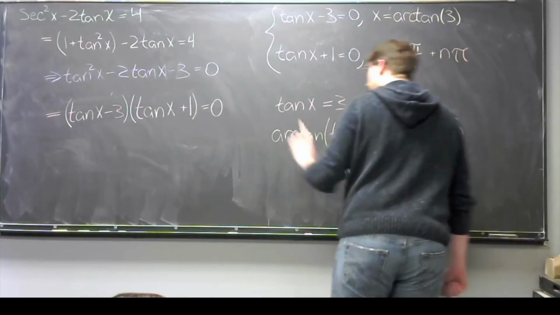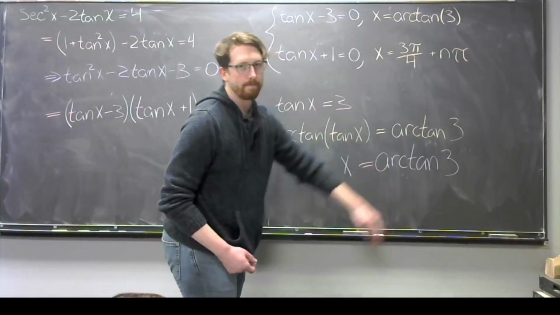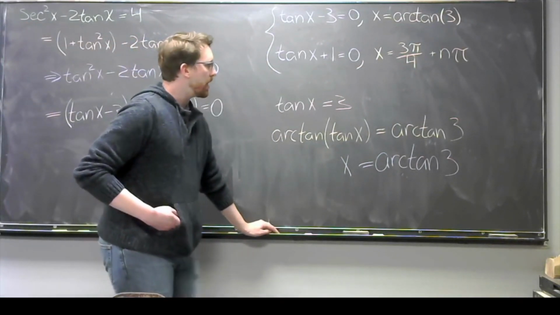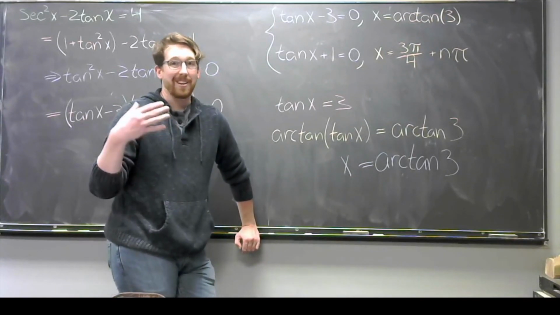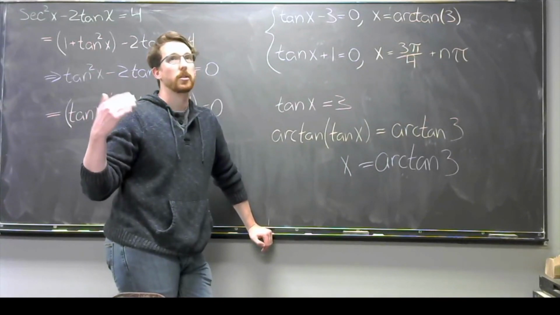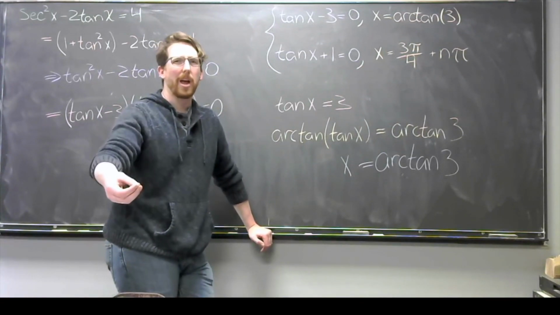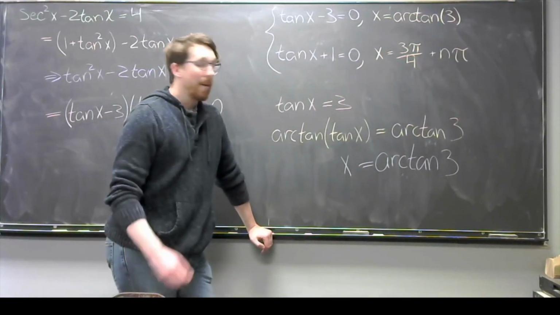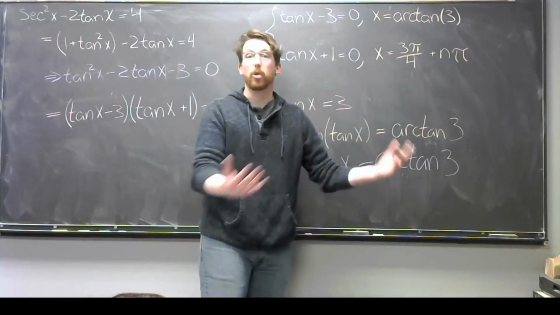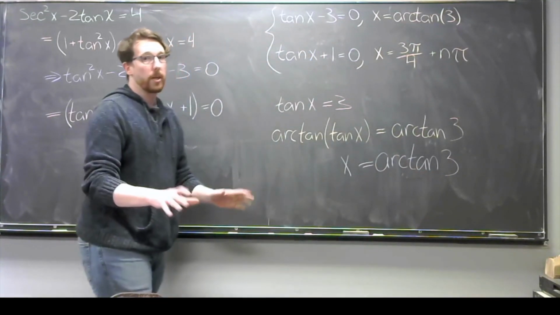Now this is the point I wanted to make. Is this an okay solution? Yes. When it's not something that is obvious, or something on the unit circle, so square root of 3 over 2 maybe, or 1, or 1 over 2, not these typical angled solutions, in those cases it is okay to write the arc of whatever trig function of that value, but only in those cases.